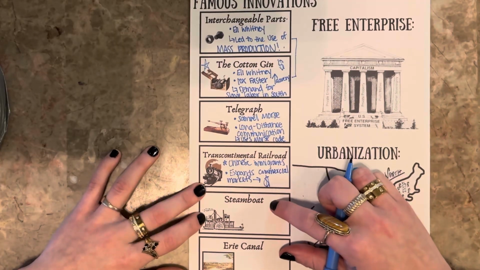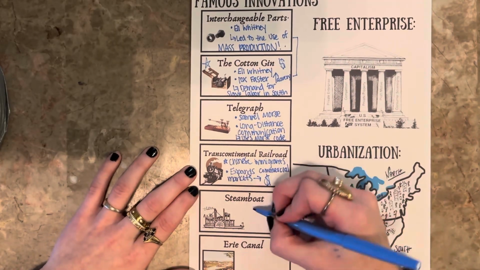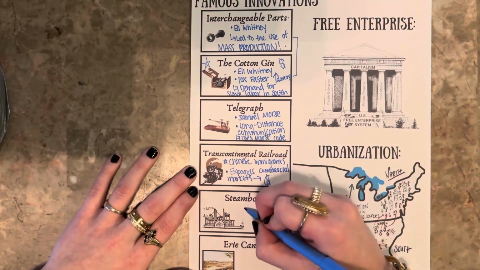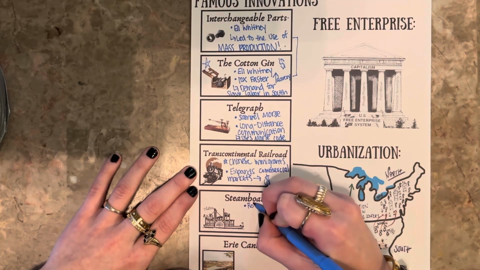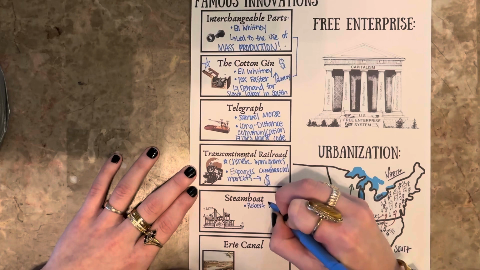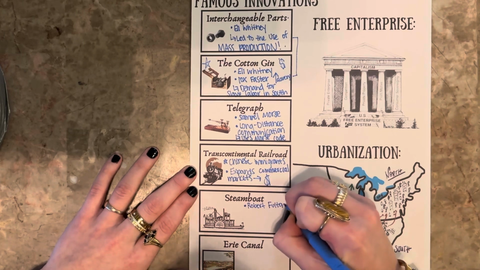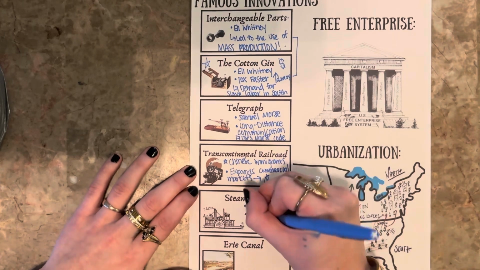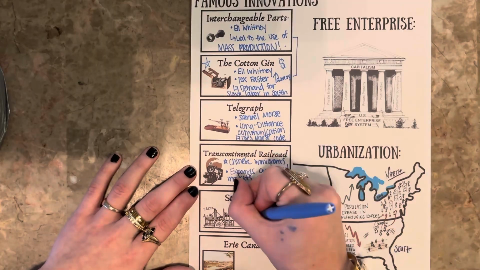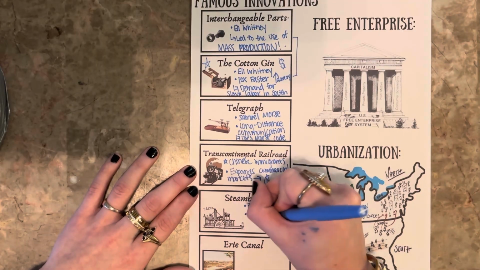Okay, and the steamboat, we've also talked about the steamboat just a little bit. We talked about Gibbons v. Ogden and those steamboats. The steamboat will be invented by a man named Robert Fulton. And specifically, we tie this to travel up and down the Mississippi.